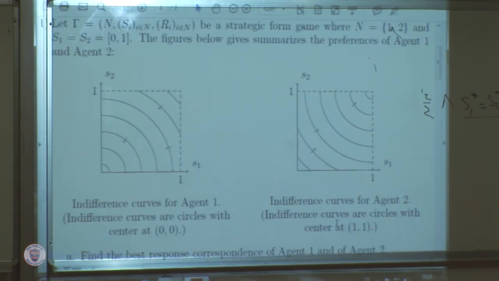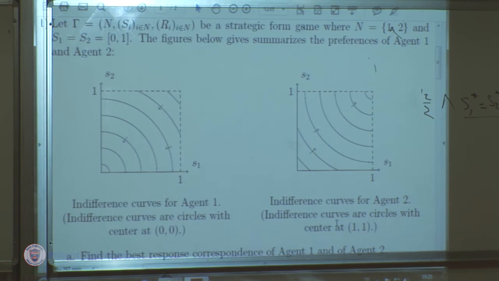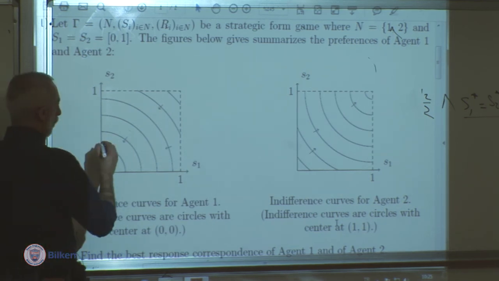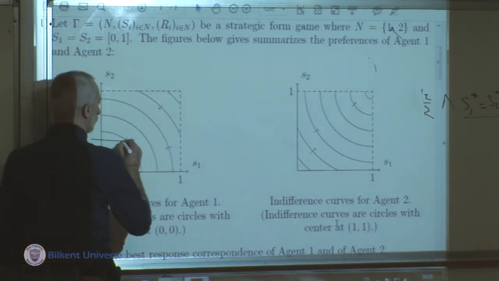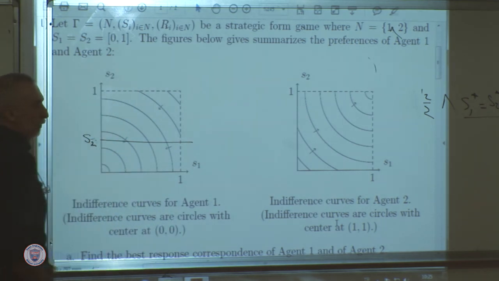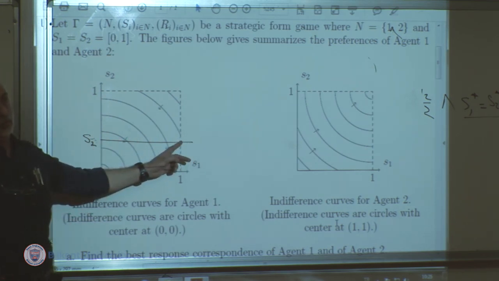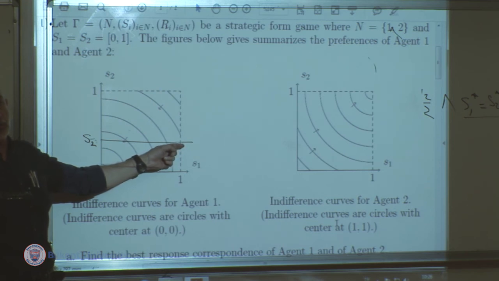Okay? So to find the best response correspondence of agent 1, what we do is we draw horizontal lines. That is, we take a strategy of player 2 and ask on this horizontal line, what is the most preferred point for agent 1? Okay?